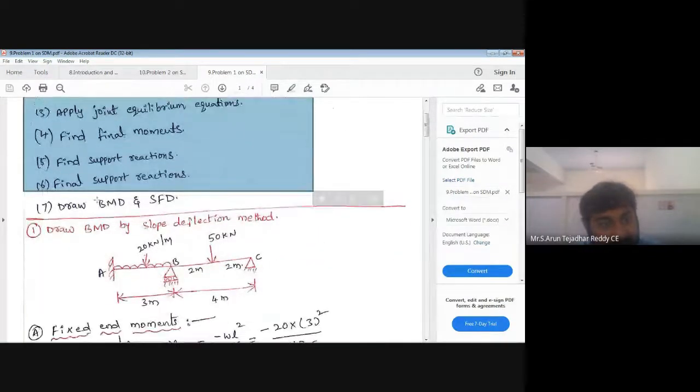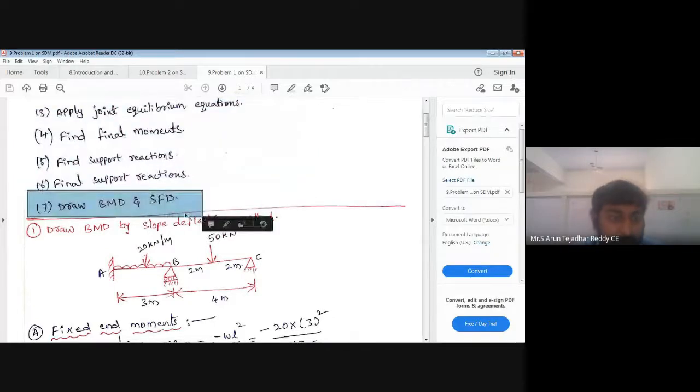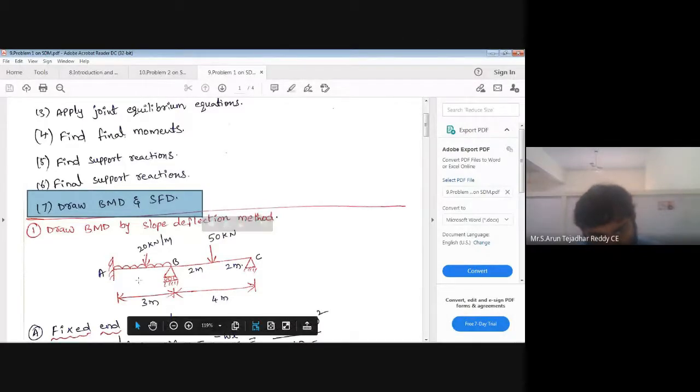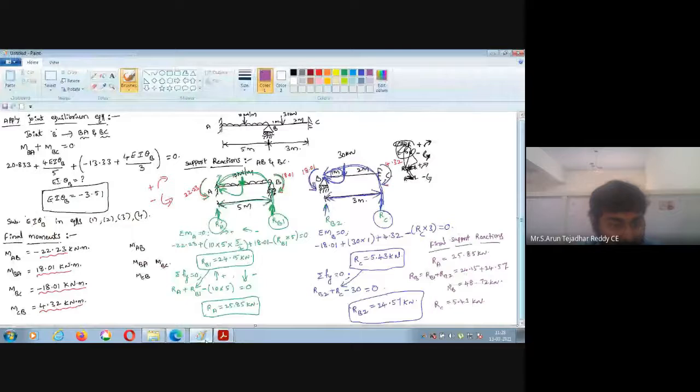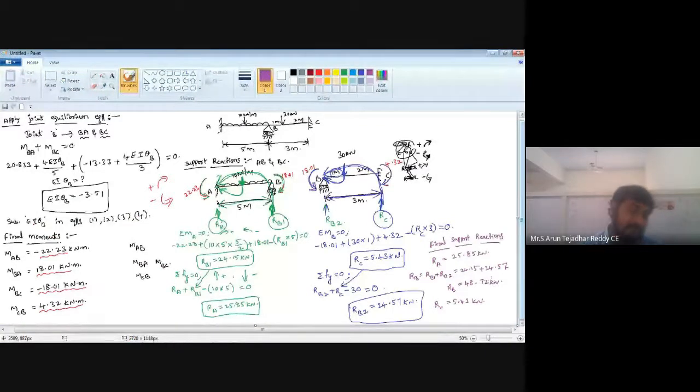What is the last step? Draw the bending moment diagram and shear force diagram. See, we have already completed so many bending moment diagrams and shear force diagrams. Try drawing the bending moment diagram as well as the shear force diagram in your homes. That is your homework, okay?